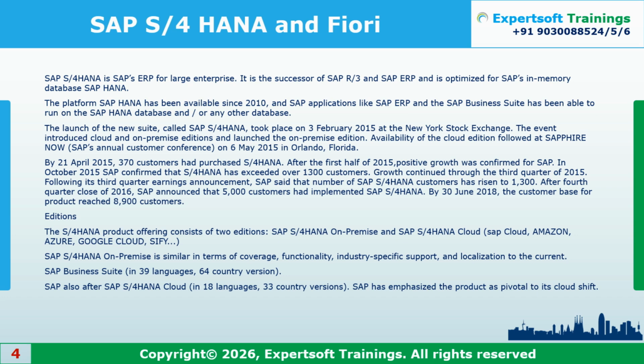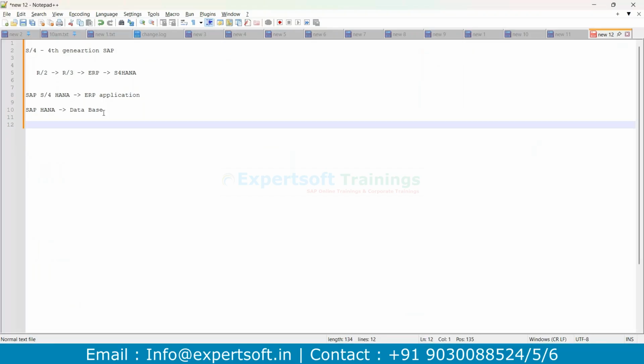SAP S/4HANA is one of the ERPs for large enterprises. It is the successor of R/3 and ERP, and it is optimized for SAP's in-memory database SAP HANA. The S/4HANA application is running on the SAP HANA database.